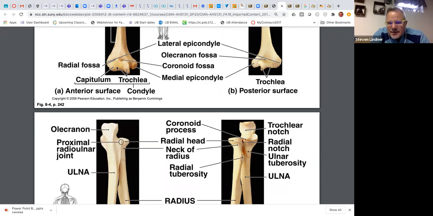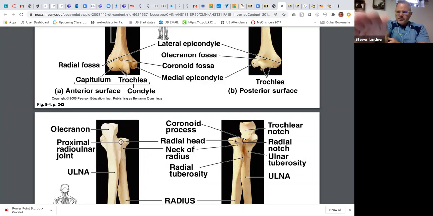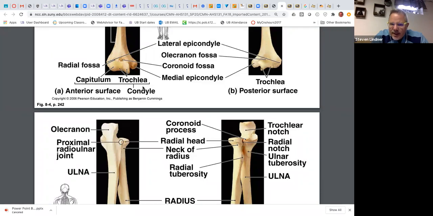This capitulum is convex, it's round, and it's going to articulate perfectly with the radial head. That's going to allow your forearm to supinate and pronate, supinate and pronate. If it wasn't for the junction between the proximal radius and the capitulum, you wouldn't be able to supinate and pronate.